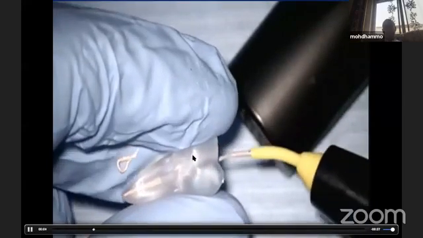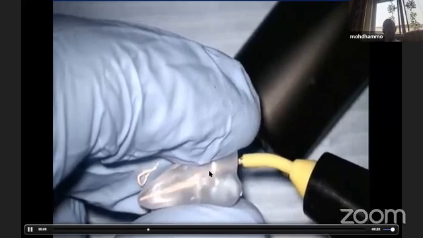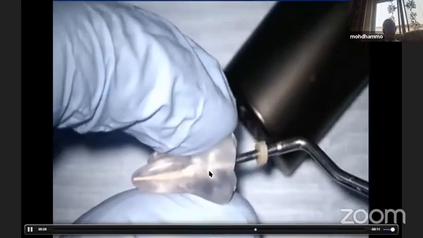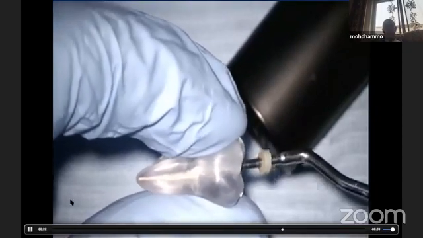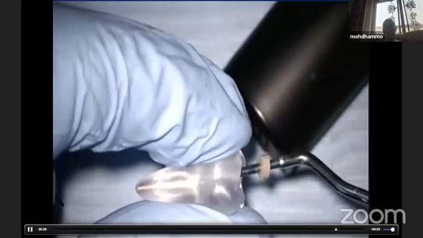Here, we used the Guttapercha gun to fill the resorbed part, or the remaining part of the canal.